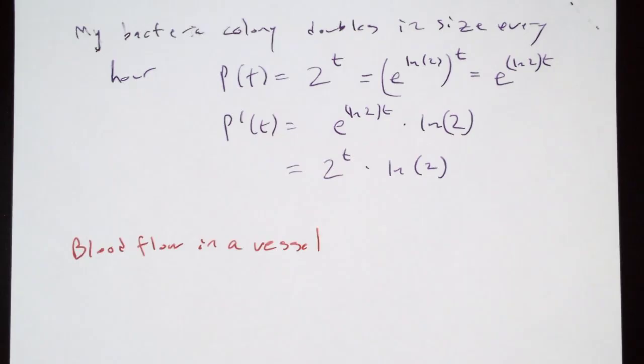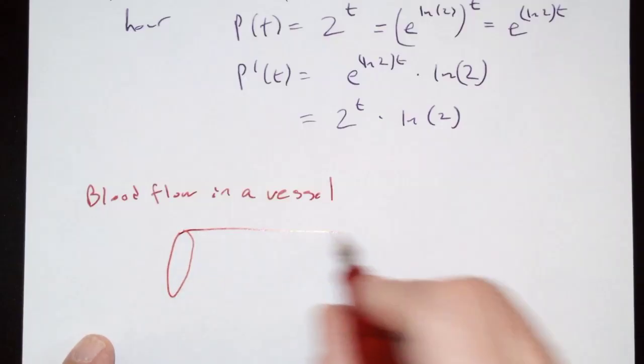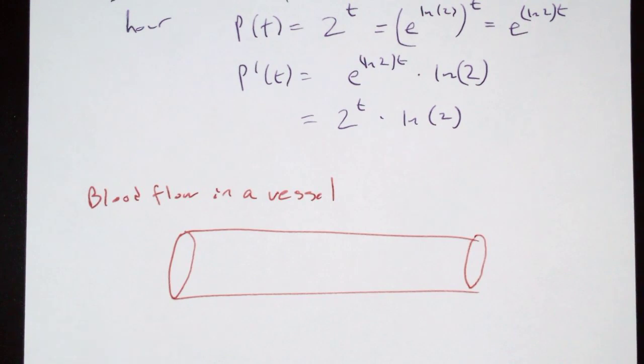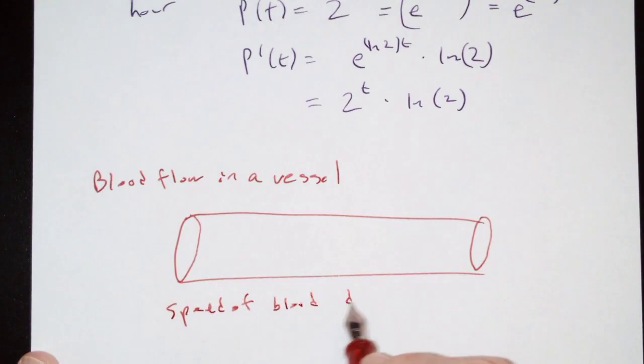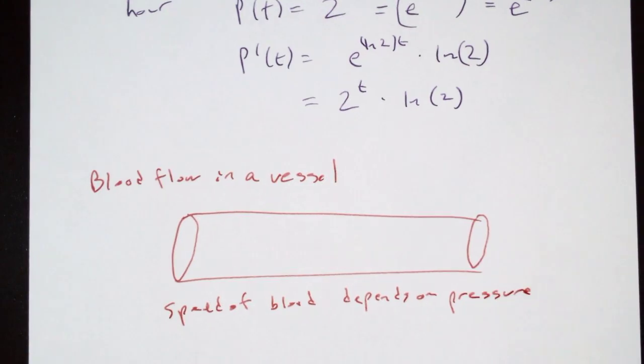It's a very bizarre time to walk down Lynch Hall. However, if I am just looking at a blood vessel, the speed with which blood moves through the vessel, here's my tube again, depends on a lot of things. It depends on the pressure. It depends on the radius of the vessel.